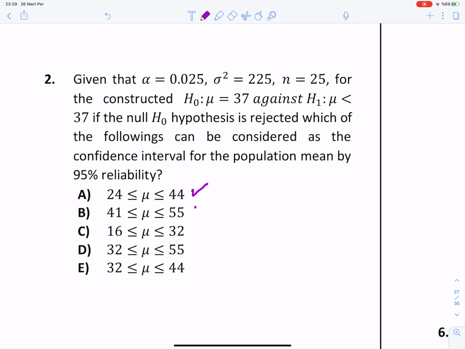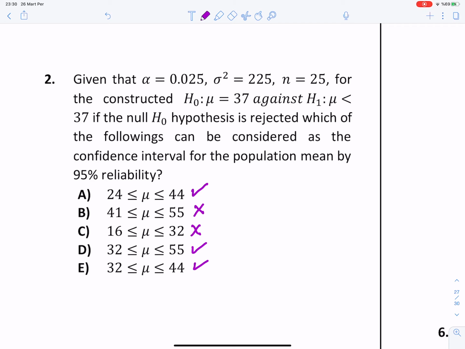And in this one, no, 37 is not. And in this one, 37 is not in this range, and 37 is included within this range, and 37 is also included in this range too.